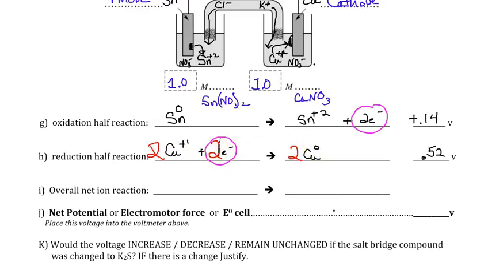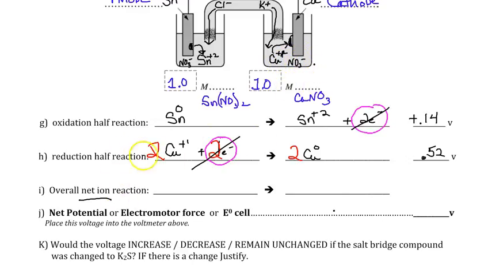But the biggest reason is that now I can cancel out my 2 electrons. And when you balance the electrons, you automatically balance the charge of the half reactions with each other, the oxidation and the reduction, and you automatically balance the overall net ionic equation. When I say net, I mean I'm just using the ions involved. Notice nitrate really isn't involved, so it's not part of it.